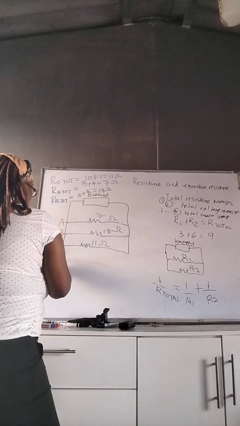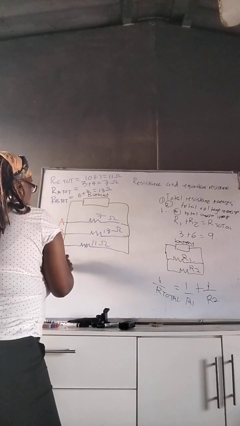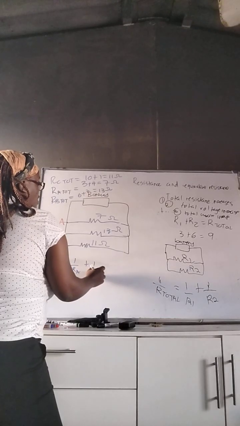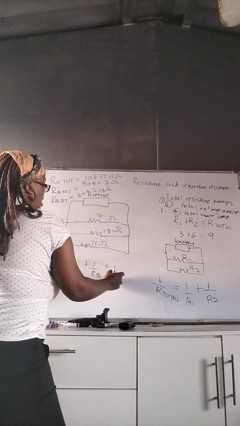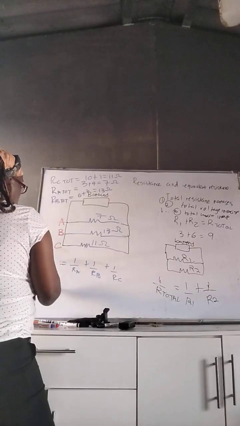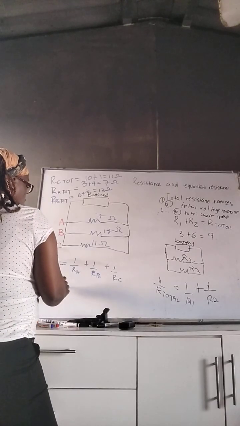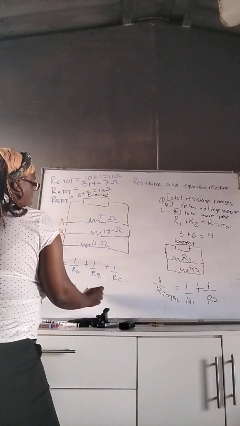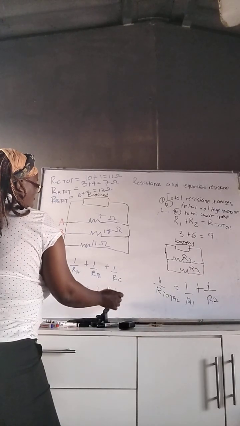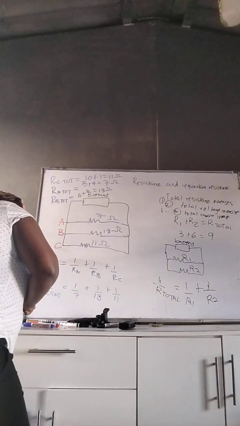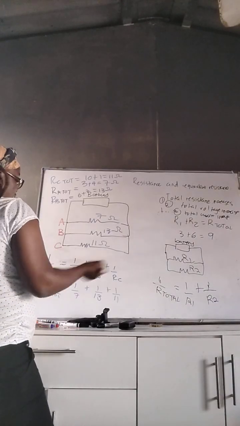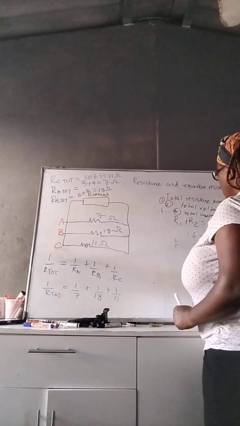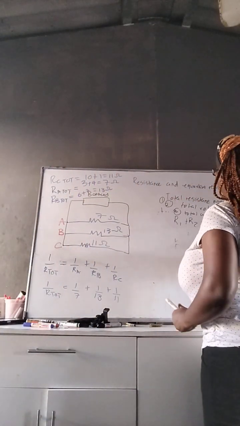So 1 over R total is equal to 1 over R_A plus 1 over R_B plus 1 over R_C. So 1 over R total is equal to 1 over 7 plus 1 over 13 plus 1 over 11, right? So now that we have that, you can now get the inverse of what we have.